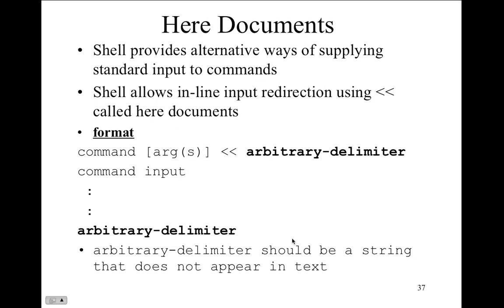The arbitrary delimiter should be a string that does not appear in the text, and the arbitrary delimiter is given with the here, which is the redirection. Basically, it allows inline input to say, here are all the names, here's the message, and here's my email program, and do it, is what you're doing.